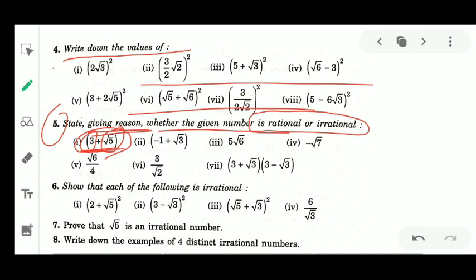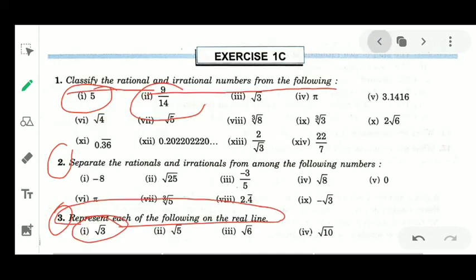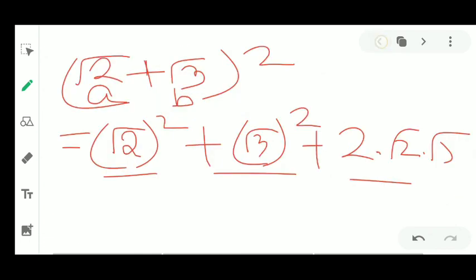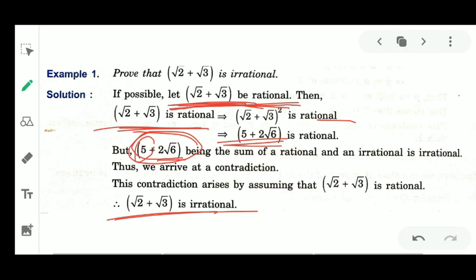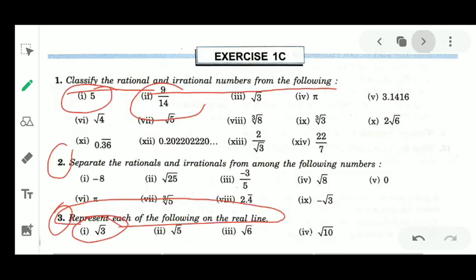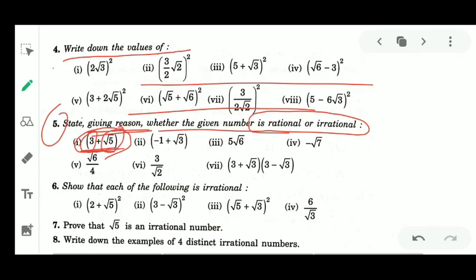Now moving to question number 6. We have to show that each of the following is an irrational number. This is like your example 1. Prove that root 2 plus root 3 is an irrational number. Now question number 7. Prove that root 5 is an irrational number.